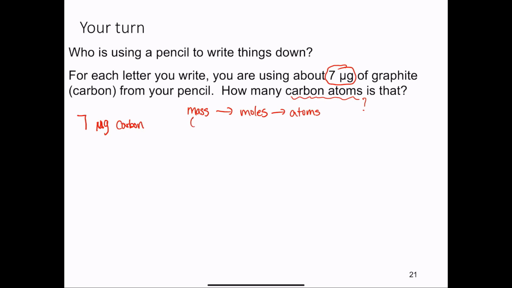And that mass, really, we have to be in grams. And how do we get there? We have the grams to moles relationship, which is really the atomic mass of that particular element.